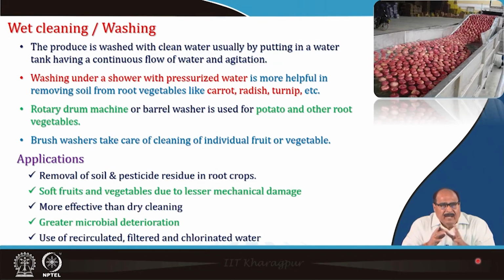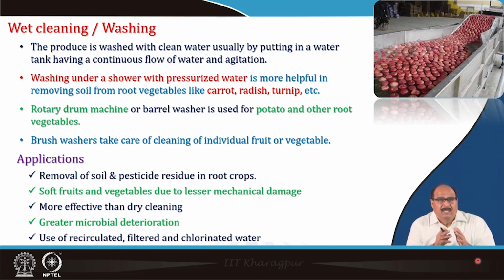Wet cleaning, or in other words washing: the produce is washed with clean water, usually by putting it in a water tank having a continuous flow of water with agitation, depending upon the type of dirt which is present there. Washing under a shower with pressurized water is more helpful in removing soil from root vegetables like carrot, radish, turnip, etc. Rotary drum machines or barrel washers are used for potato and other root vegetables.